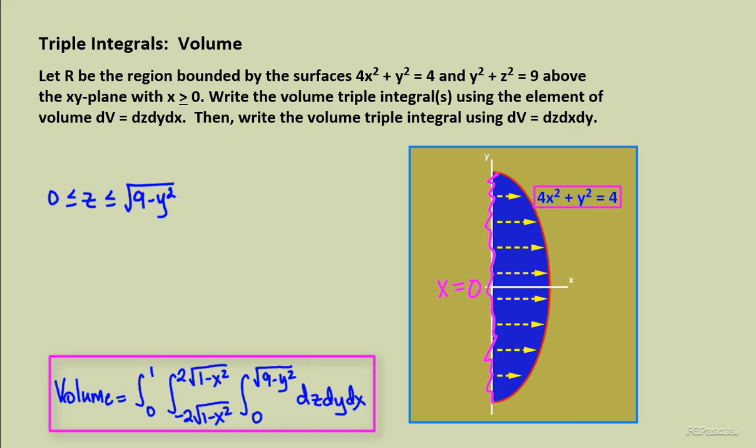Because x is the variable of integration, we solve for x in terms of y. Solving for x, we get x equals plus or minus the square root of 1 minus y squared over 4. Since x is non-negative for the solid, we take x to be the positive square root of 1 minus y squared over 4 for the half-ellipse boundary of the projection. And so we have the inequalities for x.